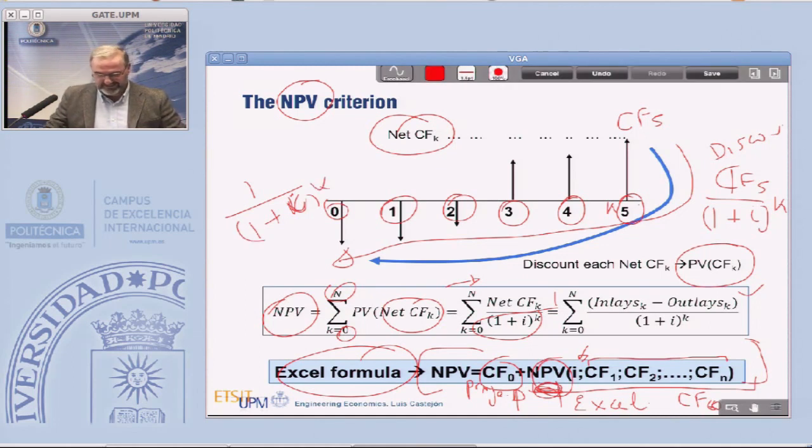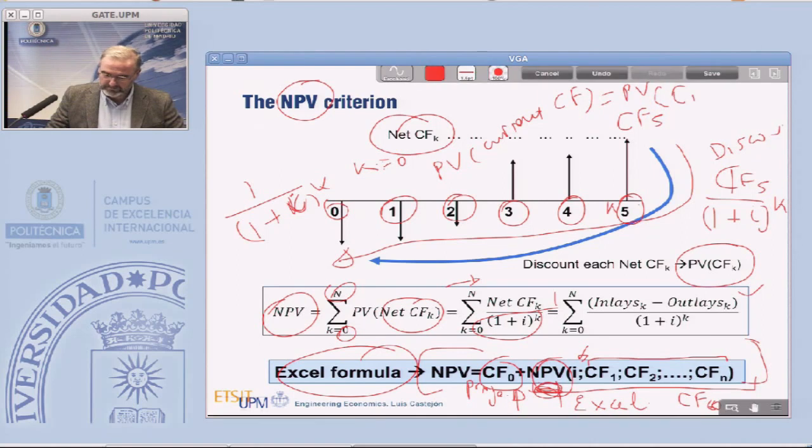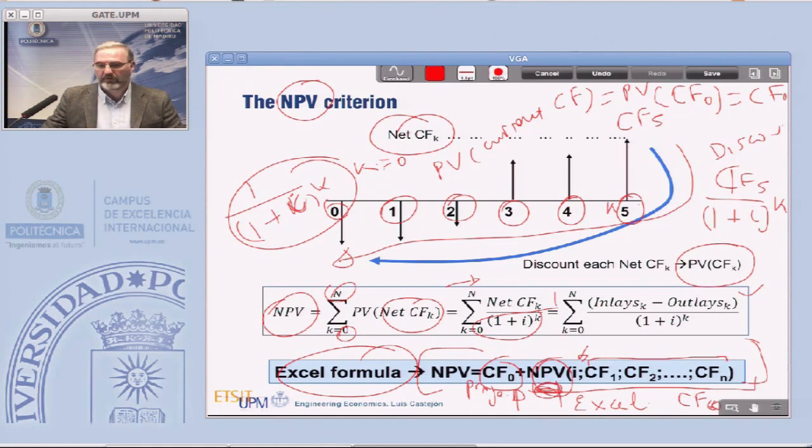Because in that case k is equal to 0, and then this term, the discount factor for the present value of current cash flows of year 0, obviously is the same value. So the present value of cash flow 0 is equal to cash flow 0 because this term is equal to 1. So I think this formula is clear. Do you have any questions?